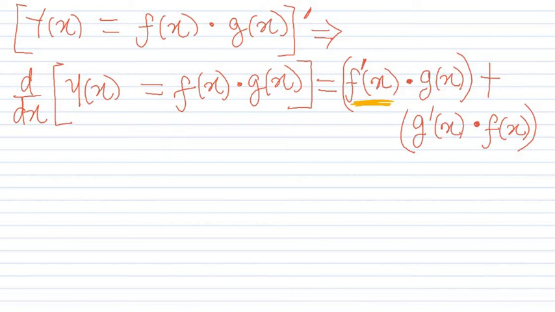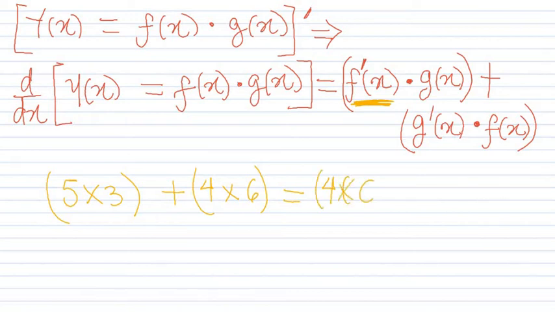So that's it. And the thing is, because of how math is, let me give you an example. 5 times 3 plus 4 times 6 is the same thing as saying 4 times 6 plus 5 times 3. So this is not a hard and fast rule.